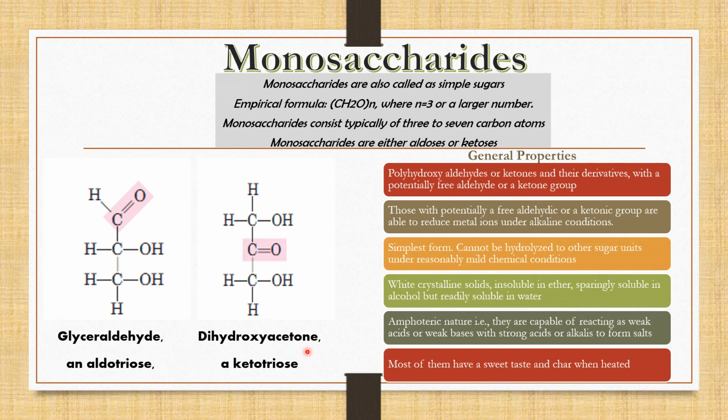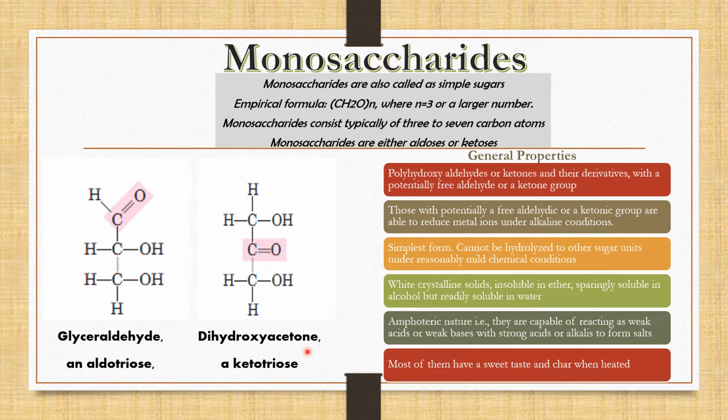Monosaccharides are the simplest form of carbohydrates, and they cannot be hydrolyzed to other sugar units under reasonably mild chemical conditions. Generally, monosaccharides are white crystalline solids, insoluble in ether, sparingly soluble in alcohol, but readily soluble in water. Most of the monosaccharides have a sweet taste and char when heated.